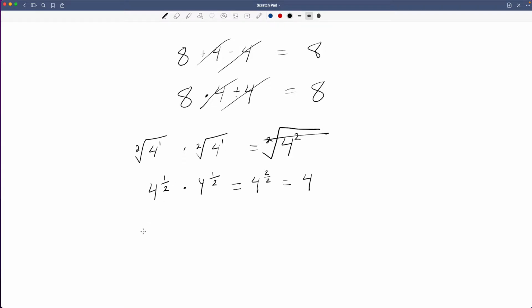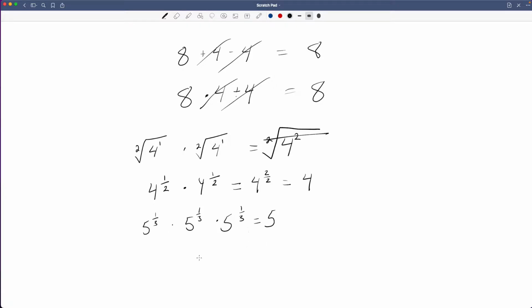So likewise, I could say 5 to the 1/3, times 5 to the 1/3, times 5 to the 1/3, would give me 5 to the 3 over 3, which would just be 5 to the 1. So the answer is 5.